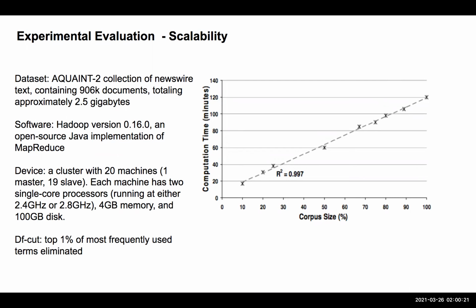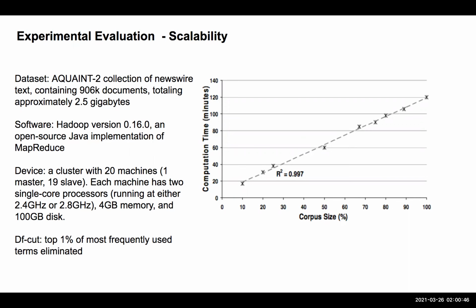They used Hadoop software to implement MapReduce, on a cluster of 20 machines. Each machine had 2 single core processors. Another unique step is the depth cut. They remove the top 1% of most frequently used terms.